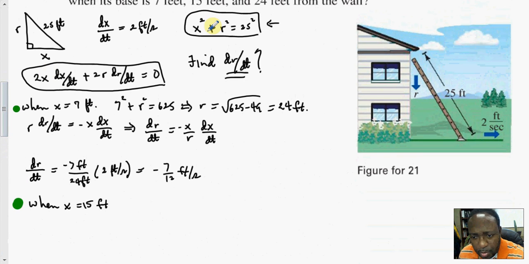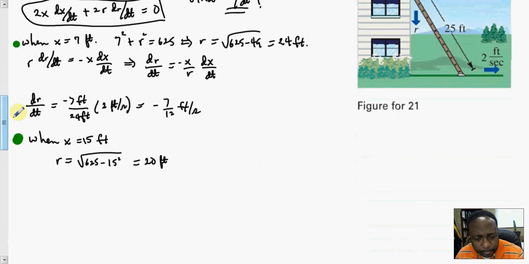And so here we have x squared plus r squared equal to 25 squared. So r is equal to the square root of 25 squared, which is 625, minus 15 squared. And on our calculator, that gives us 20 feet. So here, dr over dt is equal to, the formula is negative x over r times dx over dt.